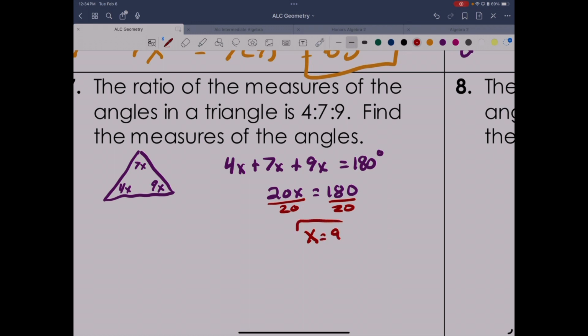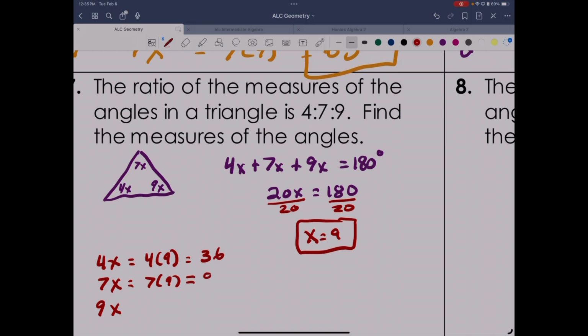We get x is equal to 9. So there's my x value. But my ratios were 4x, 7x, and 9x. Our x value is 9, so that's going to be 4 times 9. 4 times 9 is 36. 7x is going to be 7 times 9. 7 times 9 is 63.